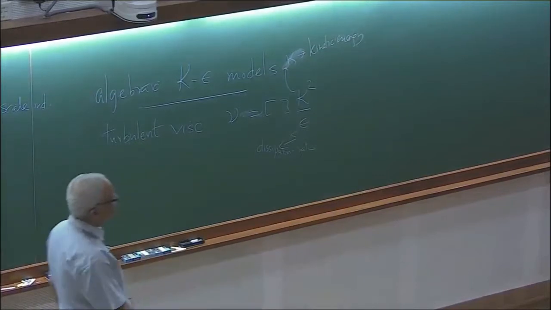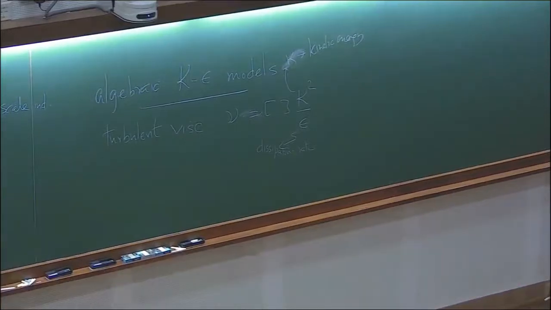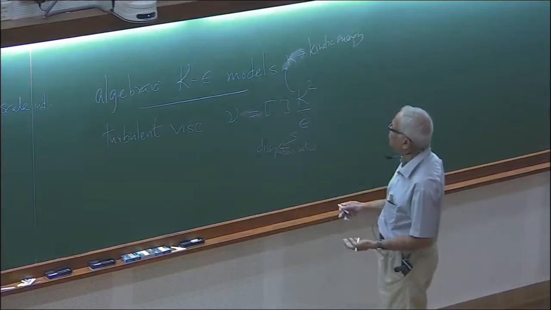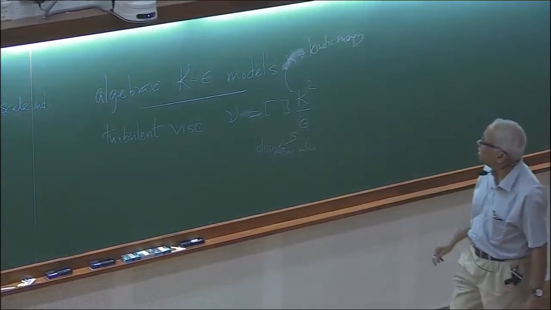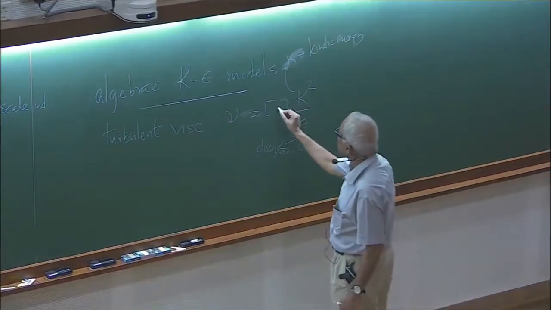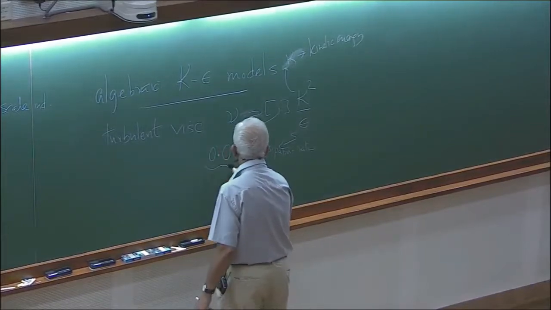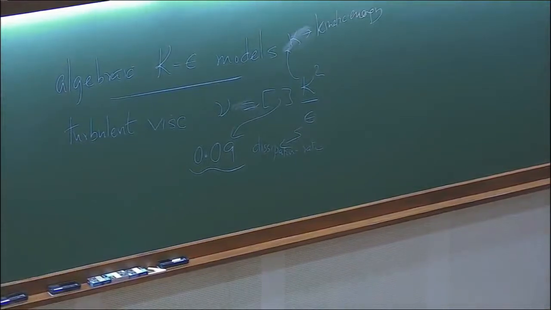Total kinetic energy over the relevant scales, and the working model for doing computation in high Reynolds number flows was to use this algebraic K epsilon model with nu equal to this, and this constant, by playing around, people got as 0.09. So nu equal to 0.09 times K squared over epsilon.